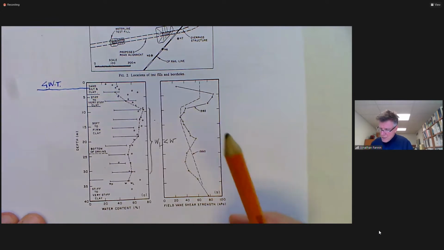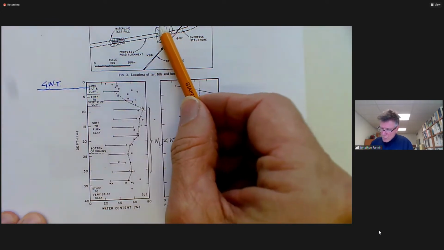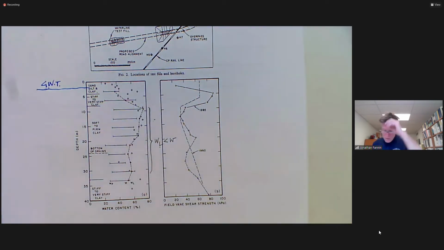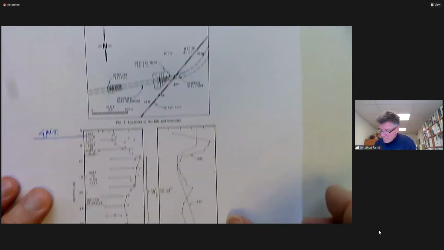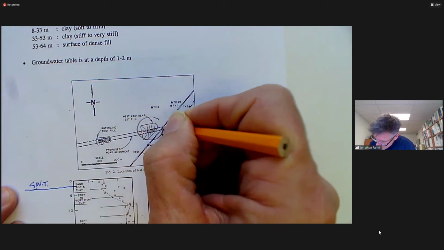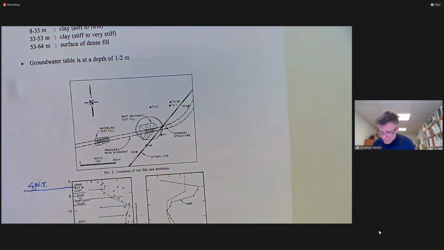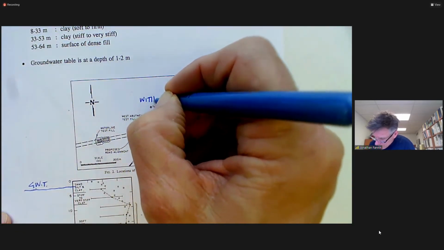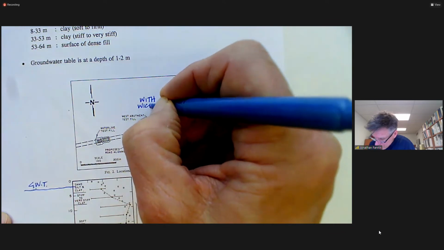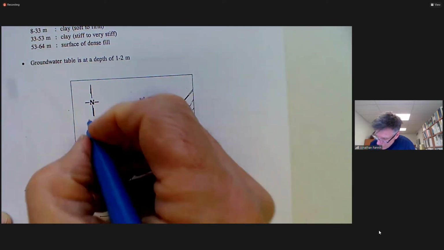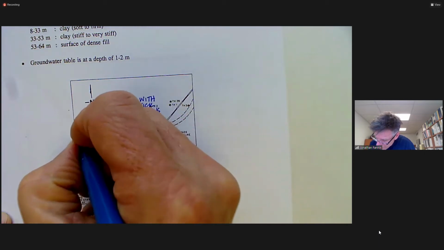And so the decision was taken to explore using wick drains underneath this west abutment test fill. So the west abutment test fill had wick drains, and the waterline test fill had no wick drains.